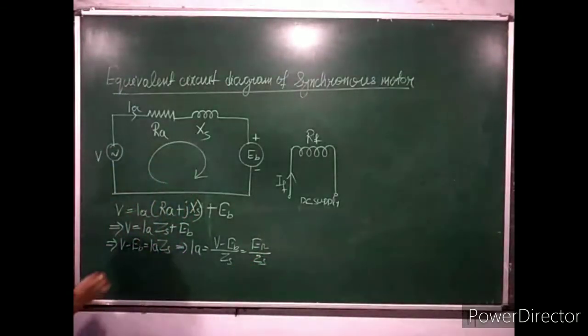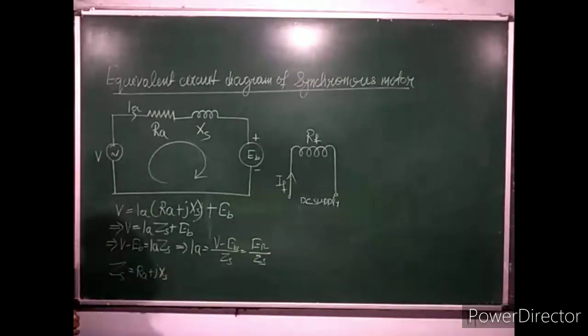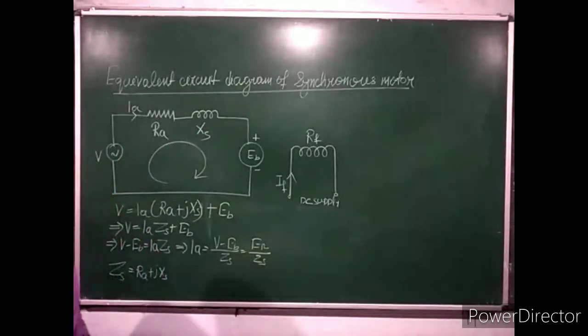What is Zs? Zs is the synchronous impedance, which is Ra plus jXs, which we already derived briefly in the synchronous generator case.